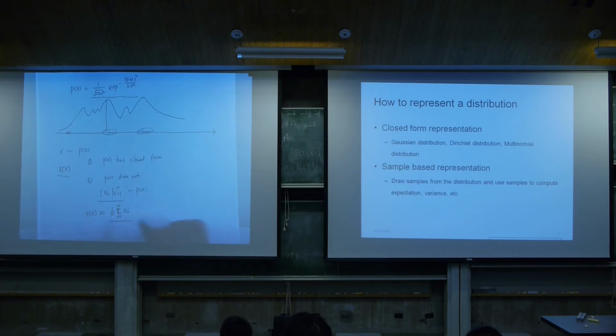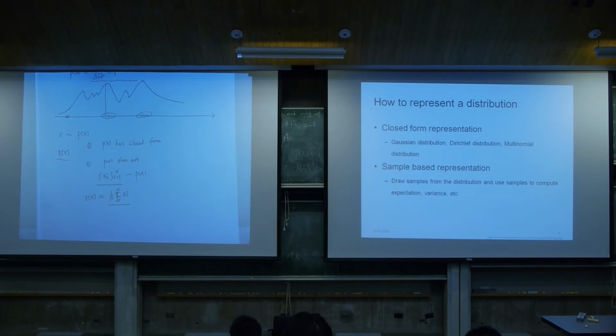This is the sample mean. You simply sum them up and divide by the number n. You can use the sample mean to approximate the true expectation. So that's why if we have many samples of our distribution, we can pretty much represent this distribution. Okay.